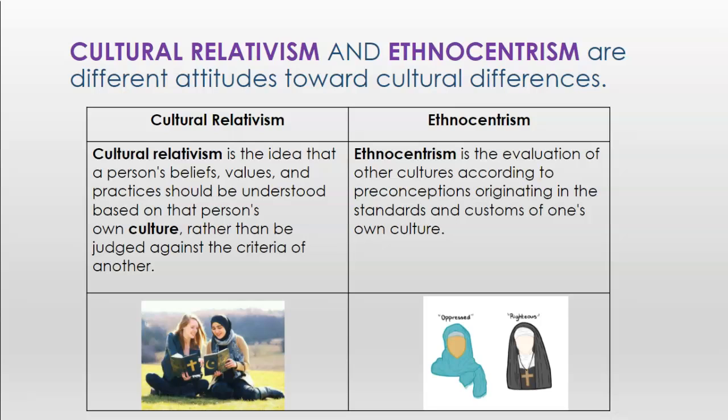Whereas ethnocentrism is really more of this idea that we're evaluating other cultures based on preconceptions originating in the standards and customs of one's own culture. All right. So as you see from kind of the example here, right? A Muslim woman wearing a hijab or some sort of covering on her head, people in Western cultures often see that as being oppressed, right?